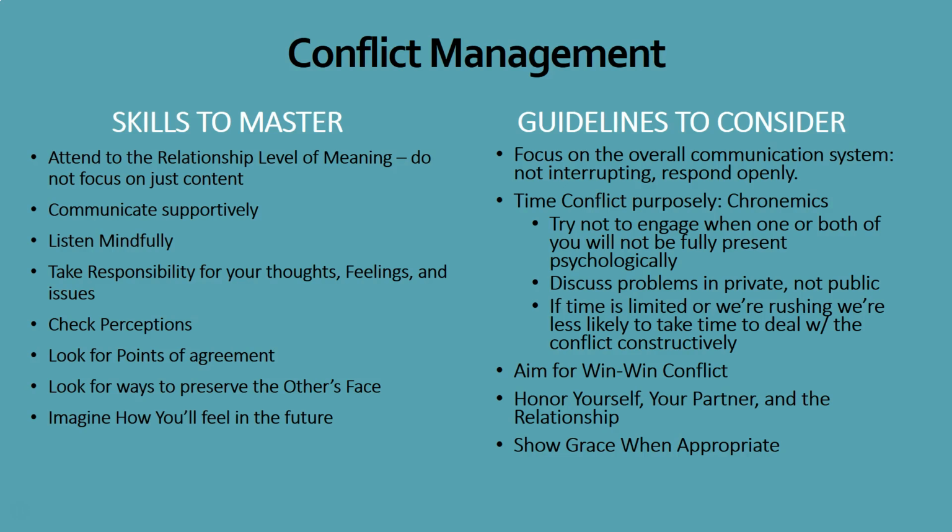purposely. So, chronemics. What that means is try not to engage when one or both of you will not be fully present psychologically. So that means if you're a morning person and your partner or whoever you're having a conflict with is not, maybe you don't set up a time to discuss whatever the conflict is in the morning.